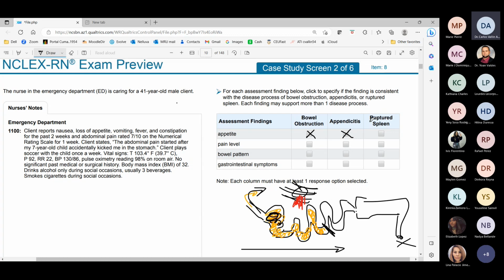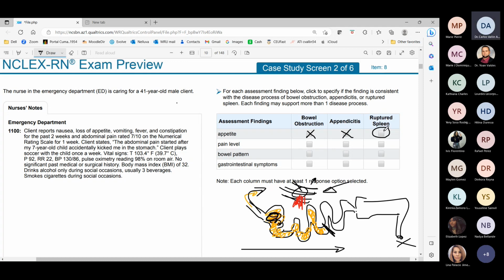But a ruptured spleen is something acute, the patient has trauma, the spleen is ruptured, and it produces pain and bleeding. There is classically no reference to loss of appetite because it's not the classical complaint of the client. I don't mark loss of appetite in ruptured spleen because appetite is not affected.